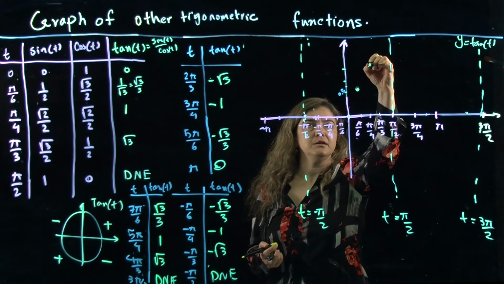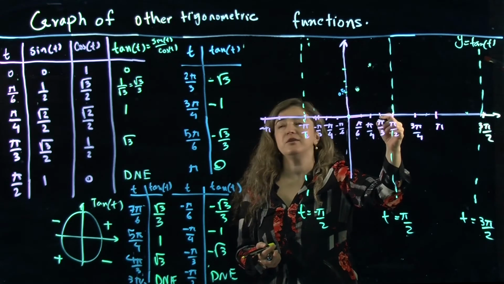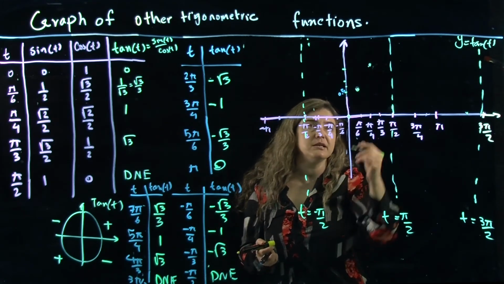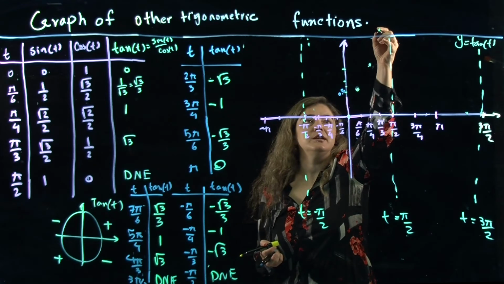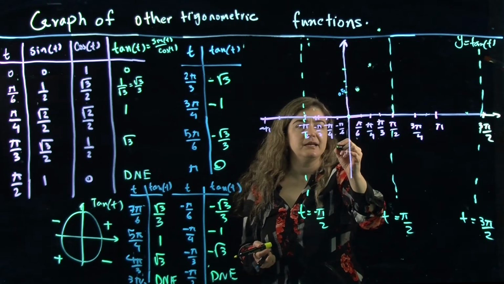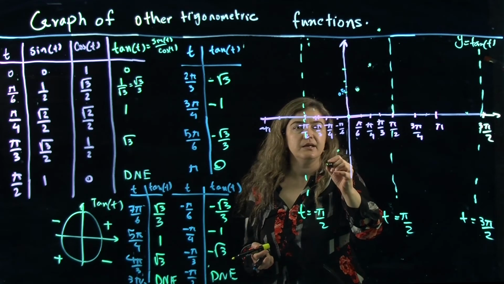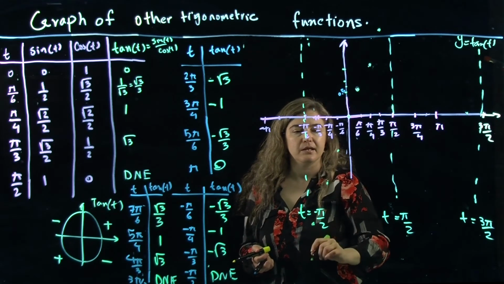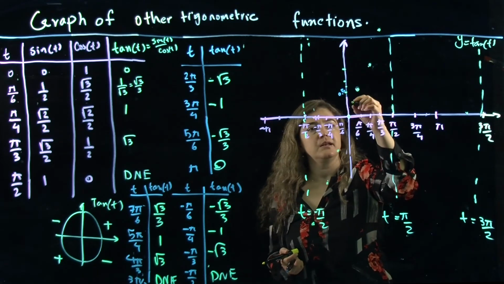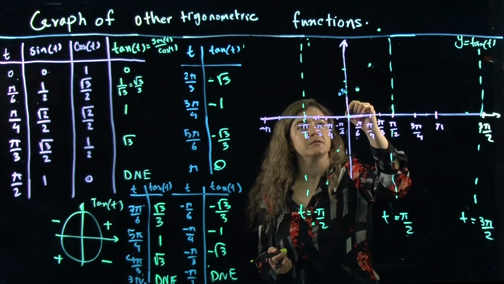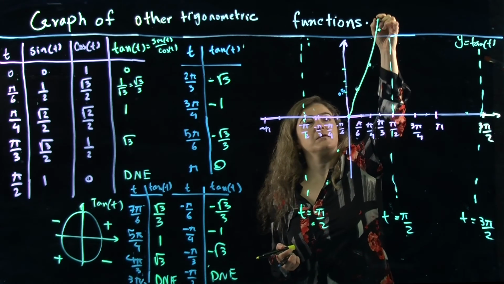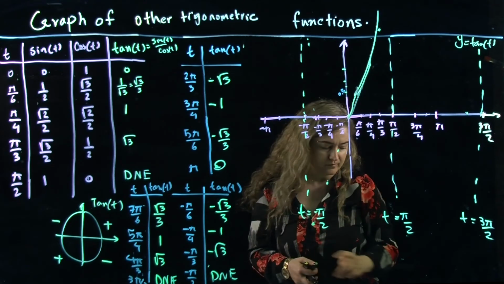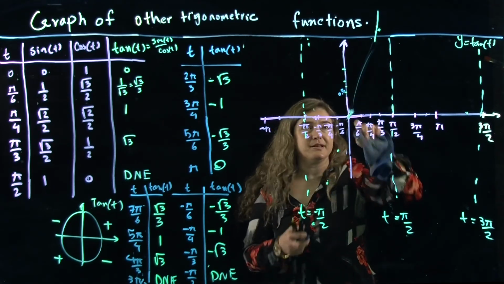And at pi third, it's going to be 1.7-ish. And then back again in here, negative, negative, and negative. And it goes like this.